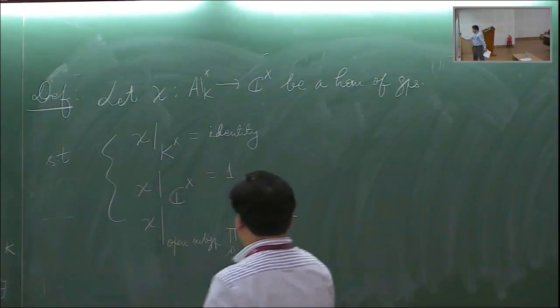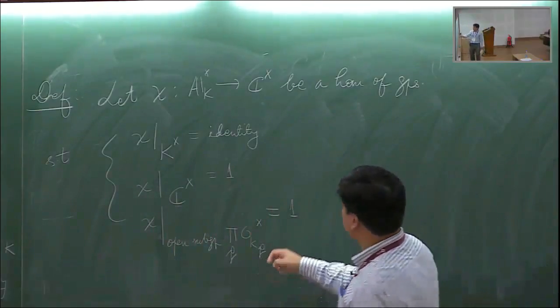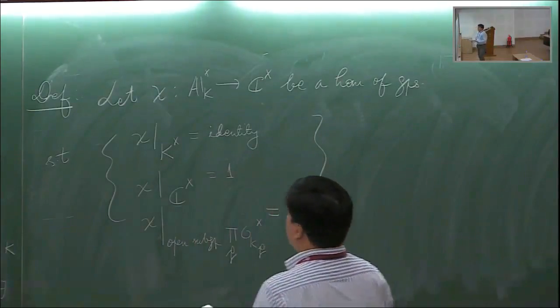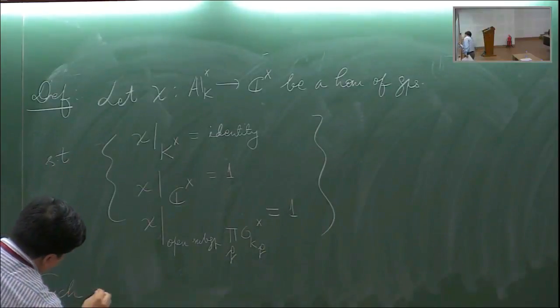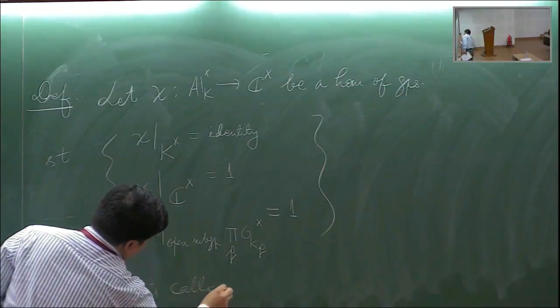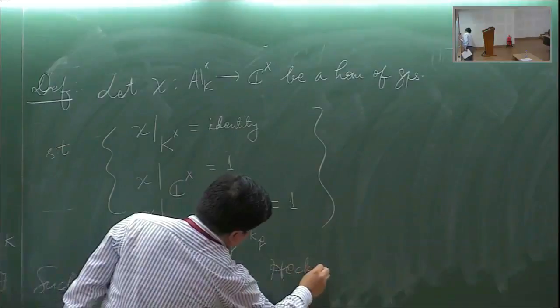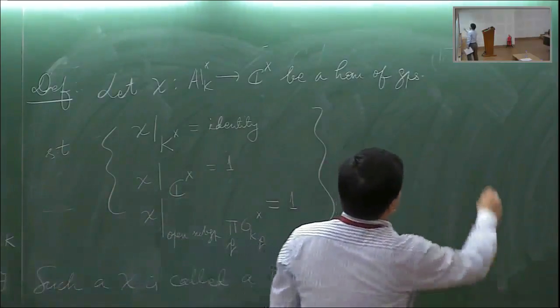An open subgroup of OKP looks like 1 plus P, this prime ideal. So such a chi is called a Hecke character. Don't forget this. Such a chi is called a Hecke character.